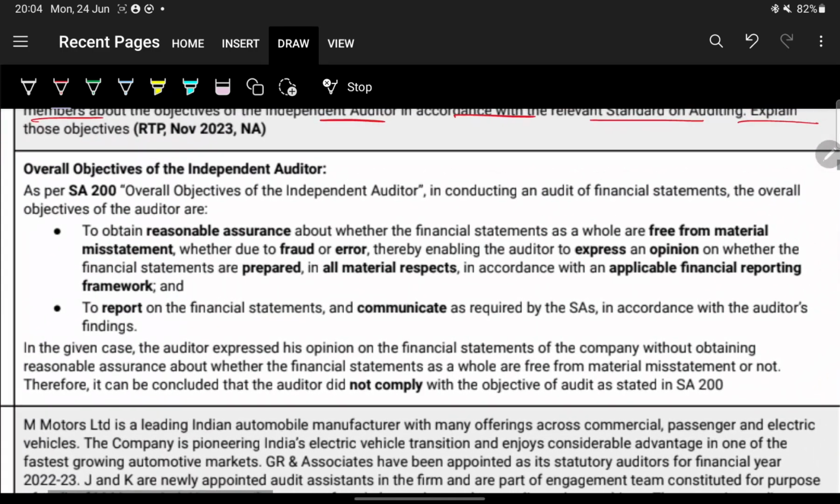Okay, so here SA 200, overall objectives of an independent auditor in conducting of an audit of financial statements. The overall objectives are: obtain reasonable assurance whether financial statements as a whole are free from material misstatement, whether due to fraud or error, and thereby enabling the auditor to express an opinion on whether the financial statements are prepared in all material respects in accordance with AFRF.